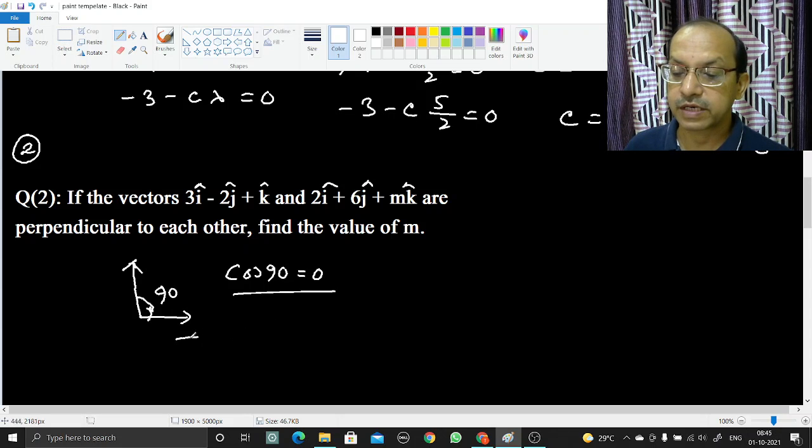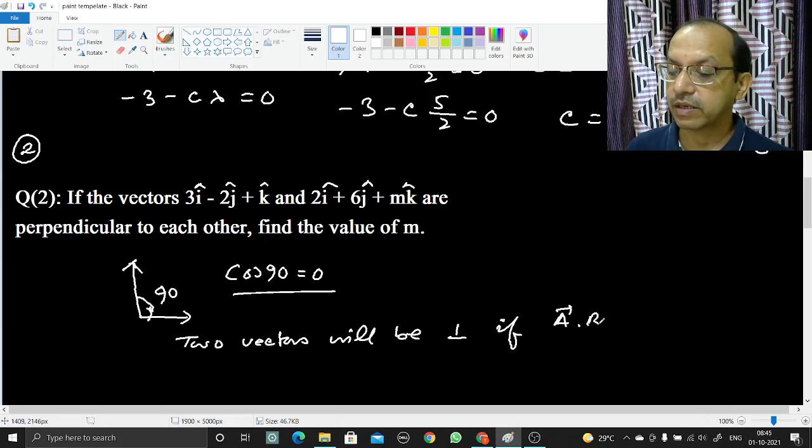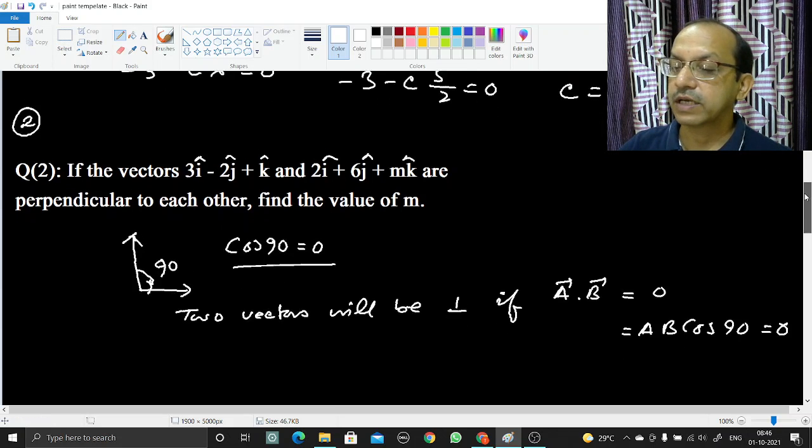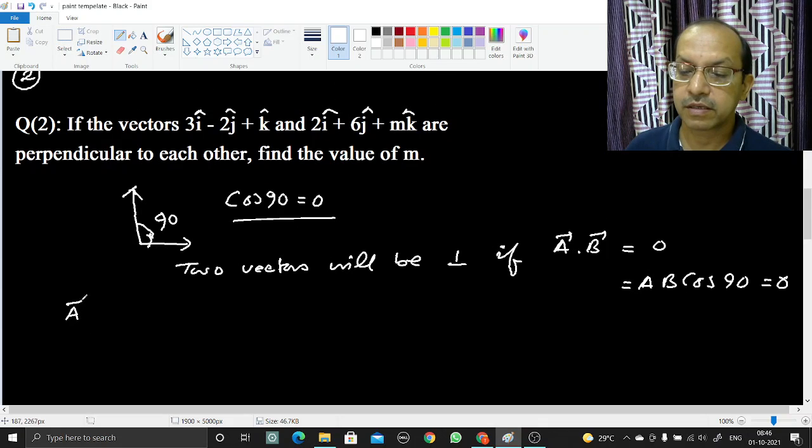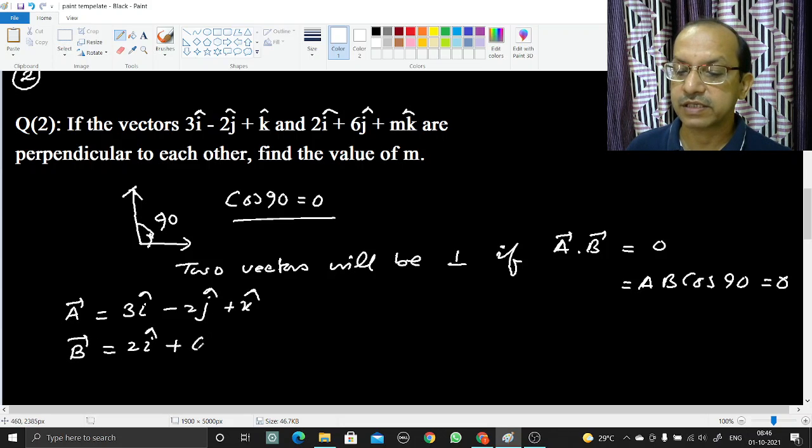Two vectors will be perpendicular if a dot b equal to 0, because a dot b equals ab cos theta, and cos theta is cos 90, that is 0. Here a is 3i cap minus 2j cap plus k cap, and b is 2i cap plus 6j cap plus mk cap.